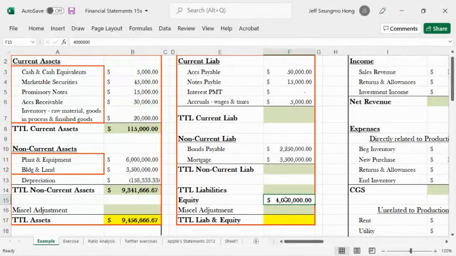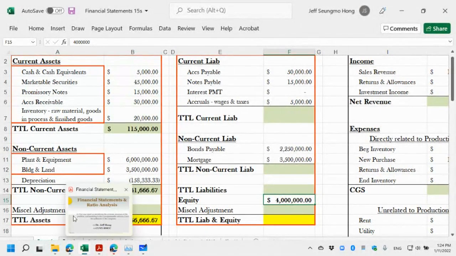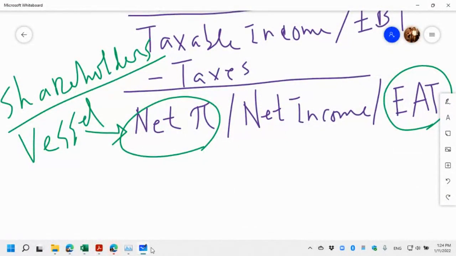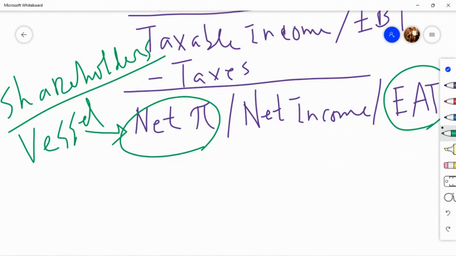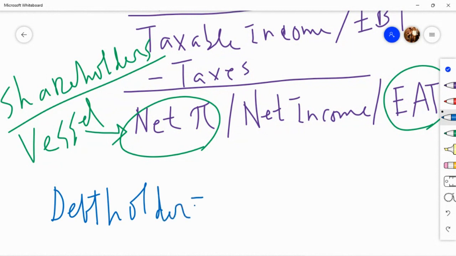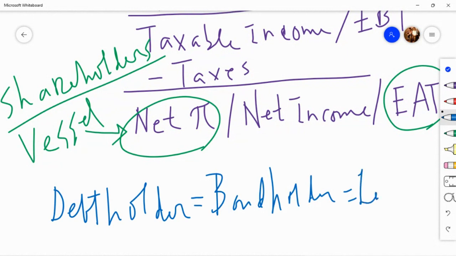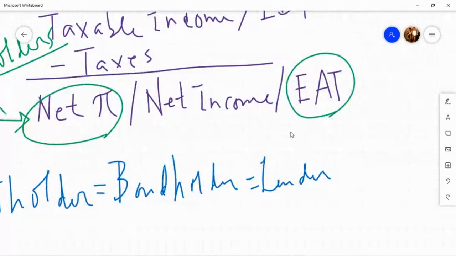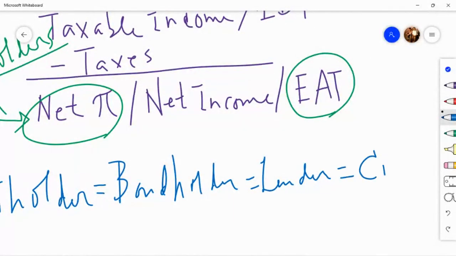So think about it. The equity holder is the shareholder. The equity holder is the owner. You have to be flexible with these names, and you should be quite comfortable with them. First of all, debt holder is the same thing as bondholder, if the debt is a bond. It's the same thing as lender, which is the same thing as creditor.